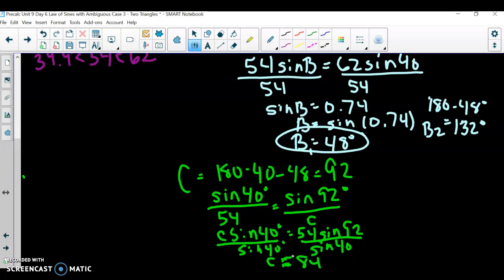So B1 is 48, C is 92 degrees, and lowercase c is 84.